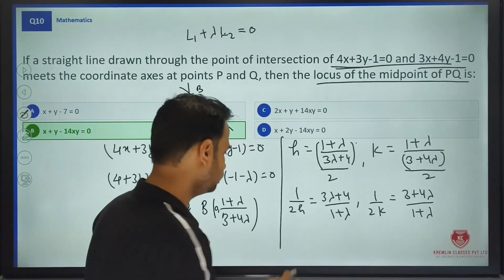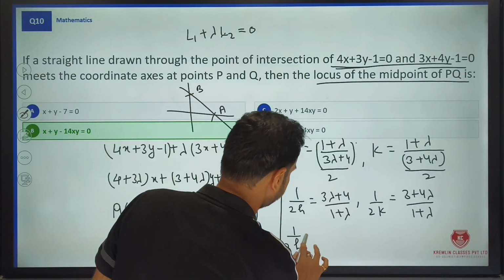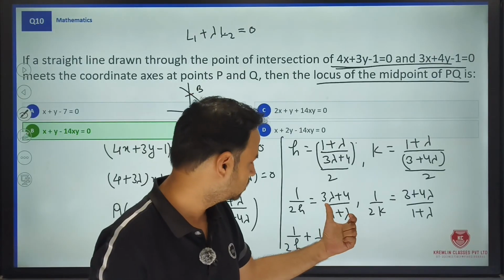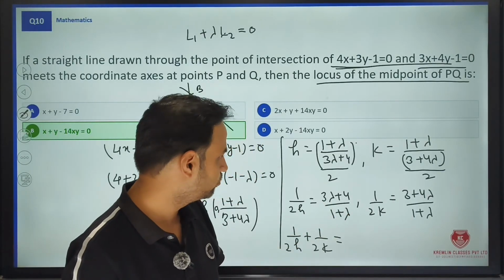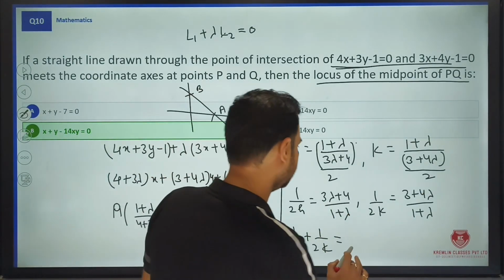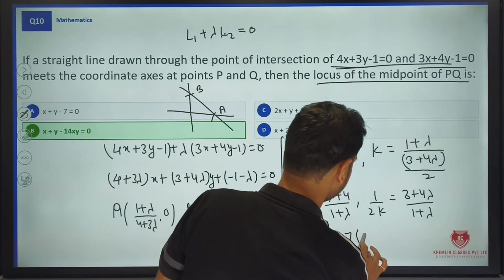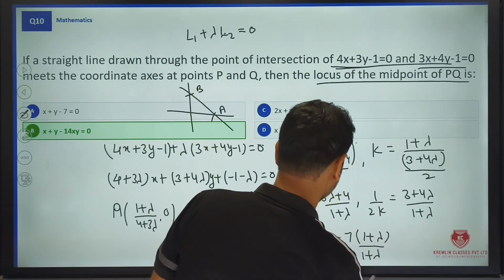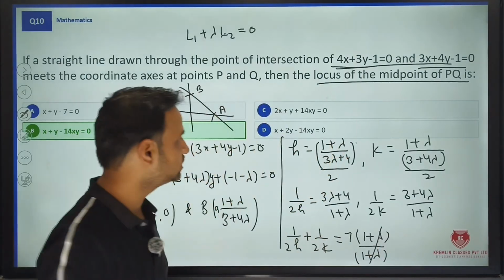When we add these, 1 by 2h plus 1 by 2k comes out to be (3 lambda plus 4 lambda, that is 7 lambda, plus 7) upon (1 plus lambda), that is 7 times (1 plus lambda) upon (1 plus lambda). So we are cancelling it.